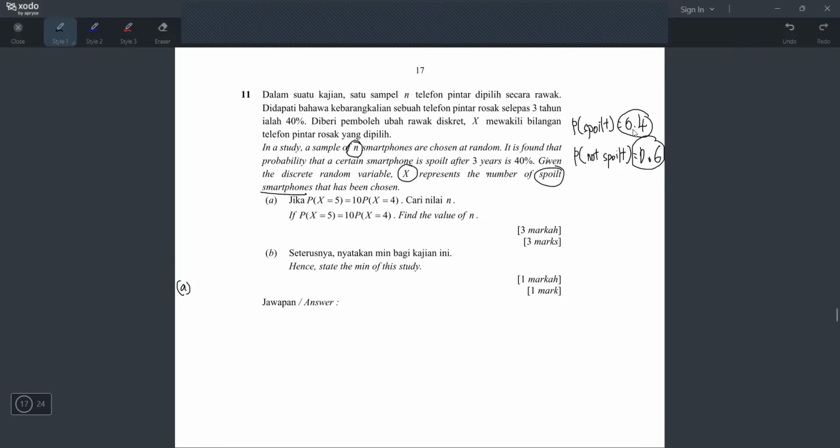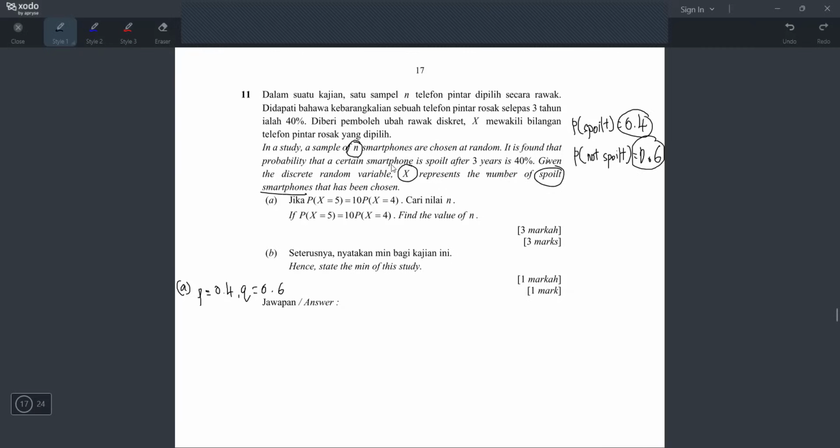So for this experiment to consider success, I have to select the spoiled handphone. Okay, it sounds funny, but that's what the question is implying. It's saying that the spoiled probability is the probability of success. So the P must be 0.4 and the Q must be 0.6. Okay, because the last line says number of spoiled smartphones.